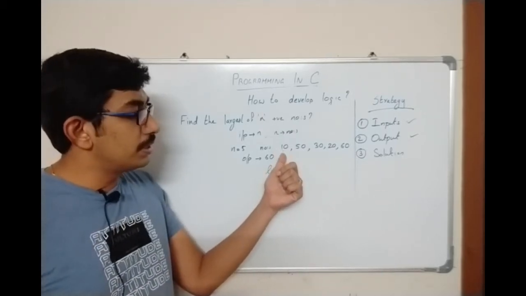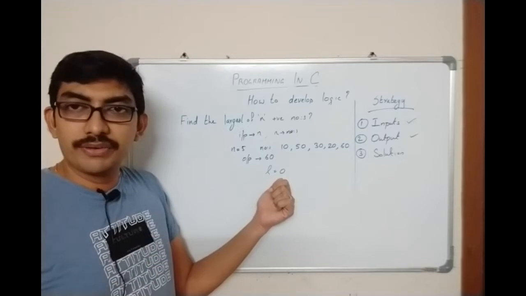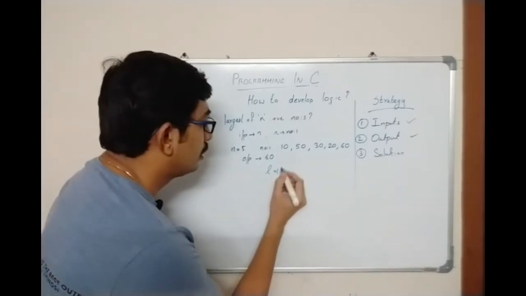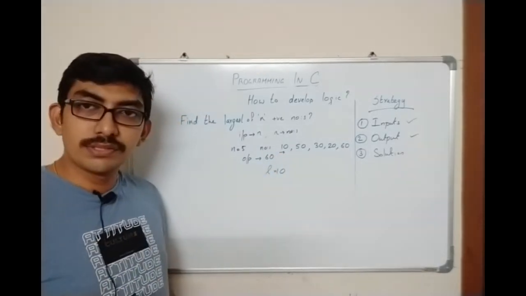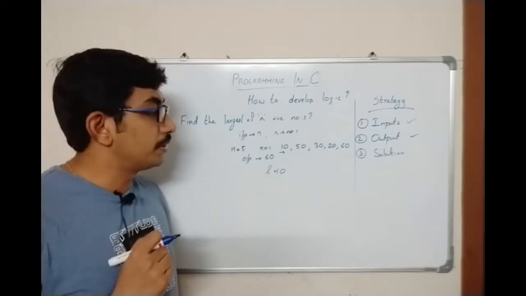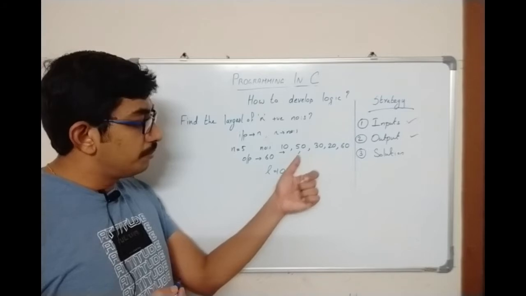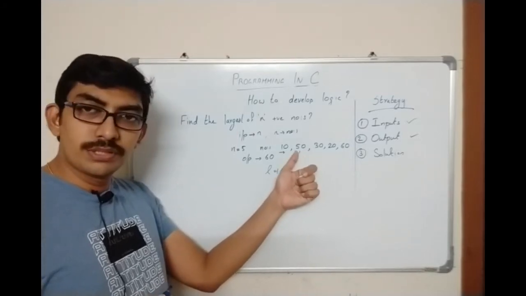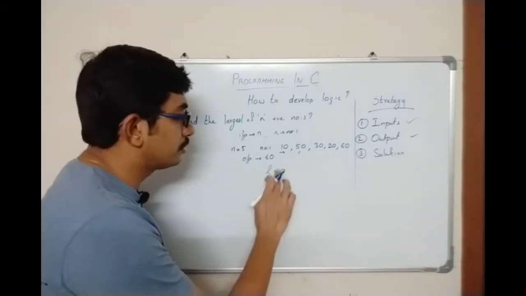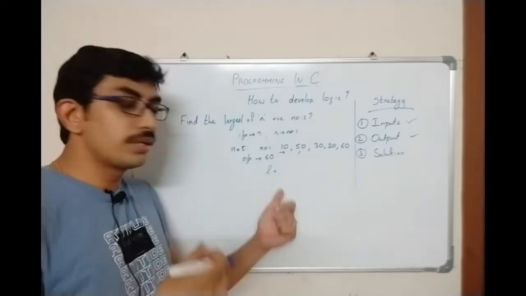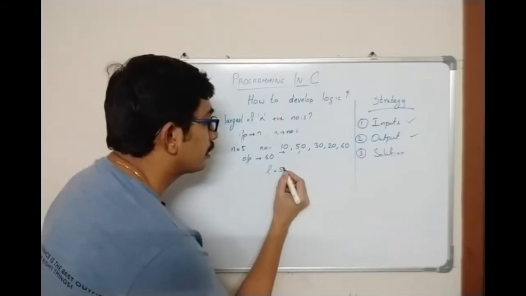So suppose when 10 comes, initially you are having nothing in your mind, so so far 10 is the largest, so you will be keeping 10 in your mind. So I am going to give the next number 50. You are comparing 50 and 10, you understand that 50 is larger, so you are no longer keeping 10 in mind, you are keeping 50.